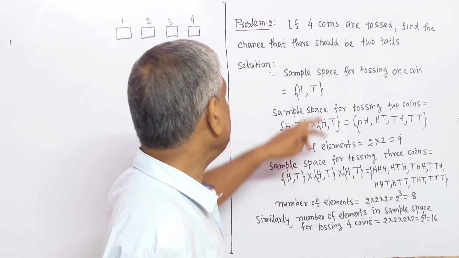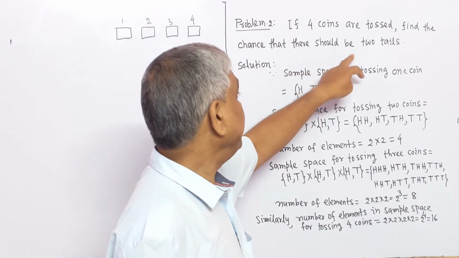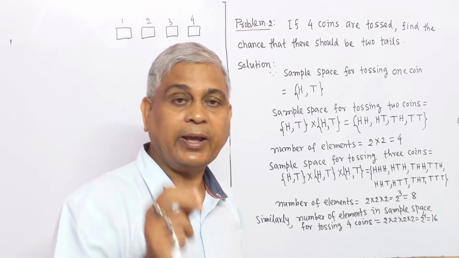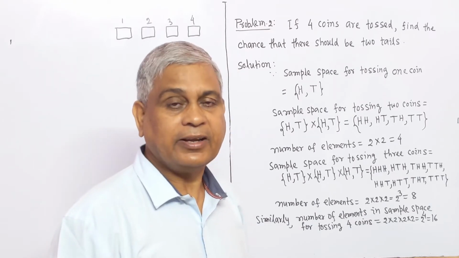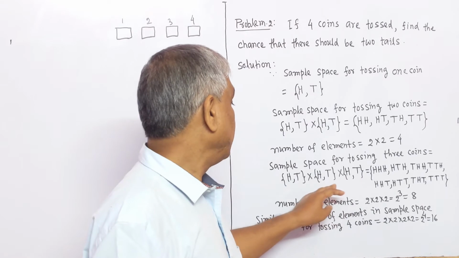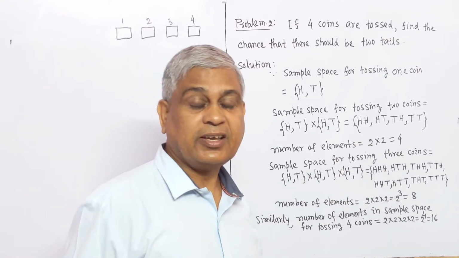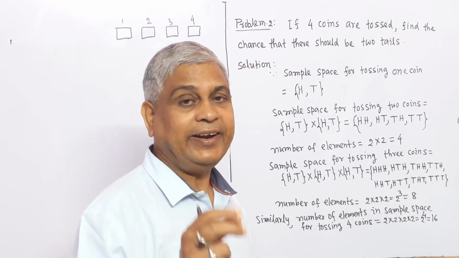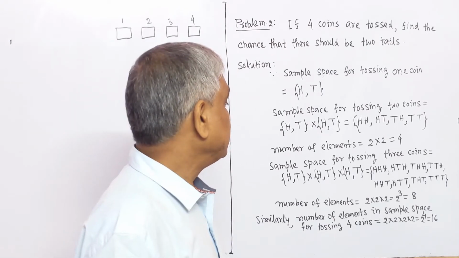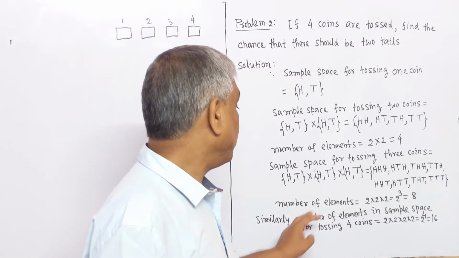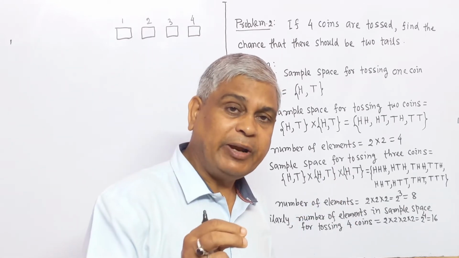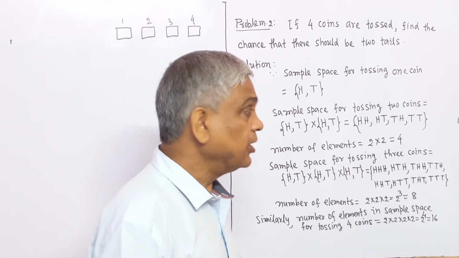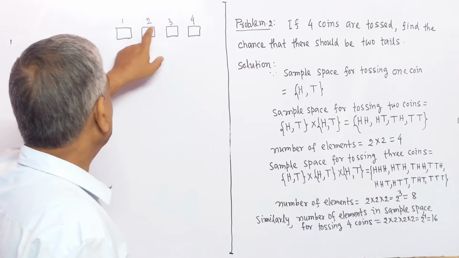Now our task is there should be 2 tails. On the basis of this, we will frame the event. Here we see that for tossing 3 coins, in each element we get 3 entities. Similarly, for tossing 4 coins, each element of the sample space will contain 4 entities, means 1, 2, 3, 4.